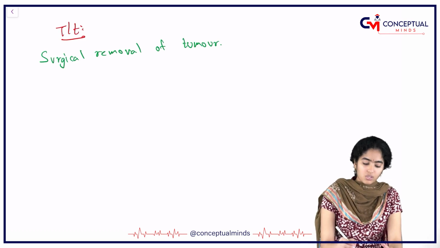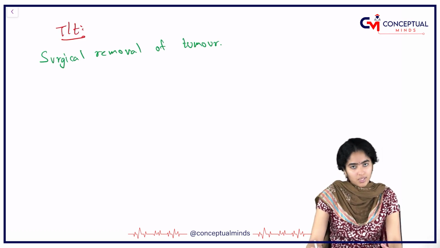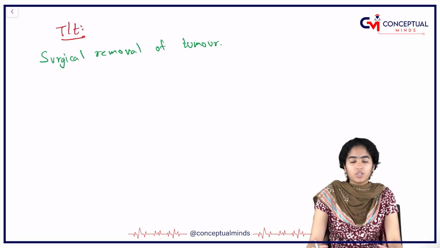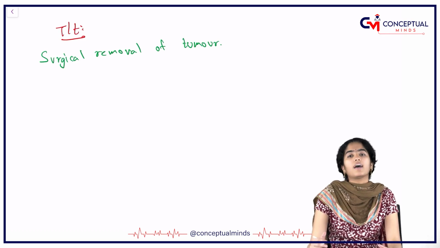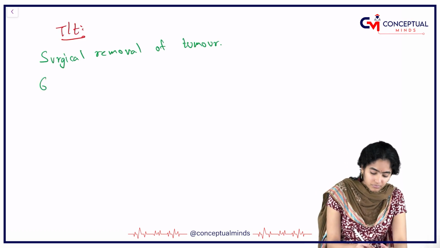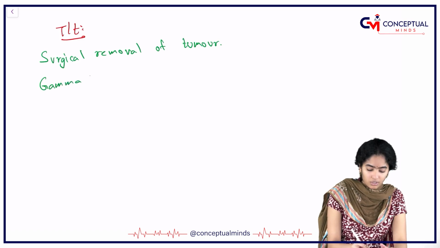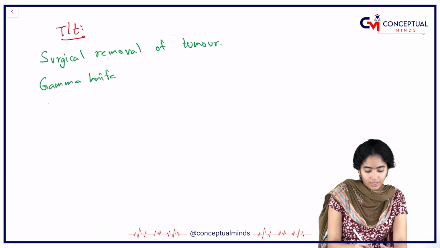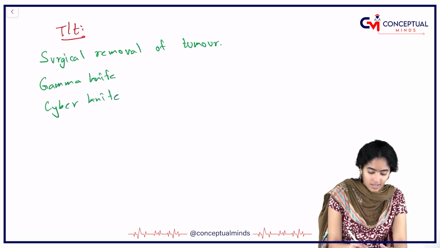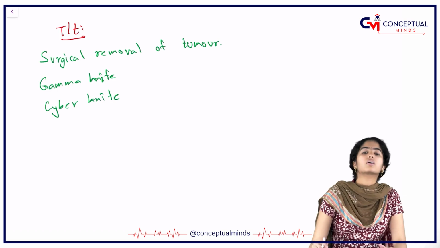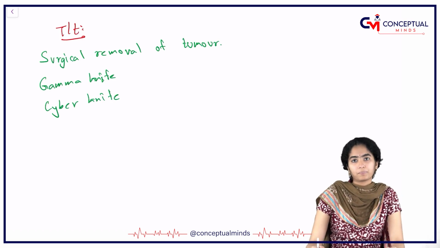Okay. So in case a surgery is not possible, if the patient is unfit for surgery or there are some other contraindications, then what we do is gamma knife or a cyber knife is used and the tumor cells are destroyed. This is the alternative therapy.